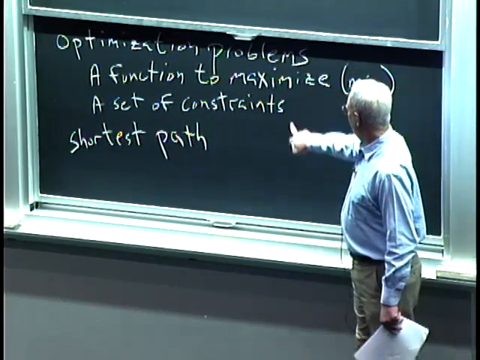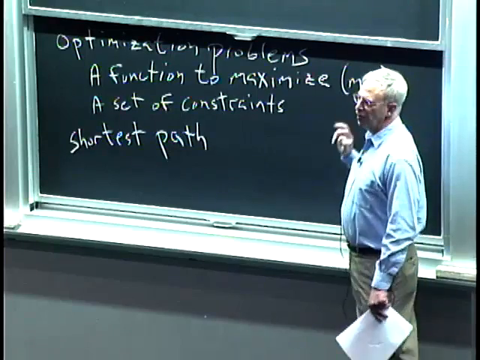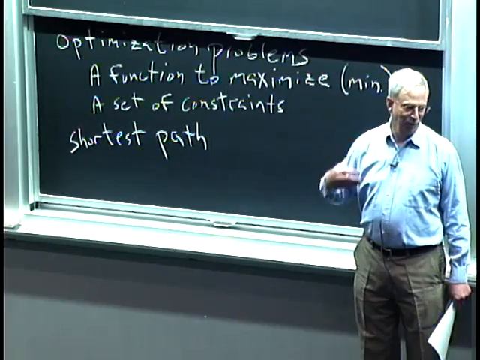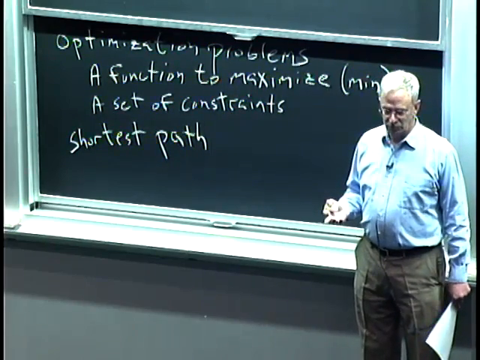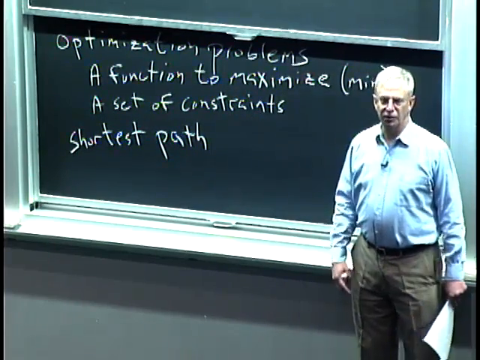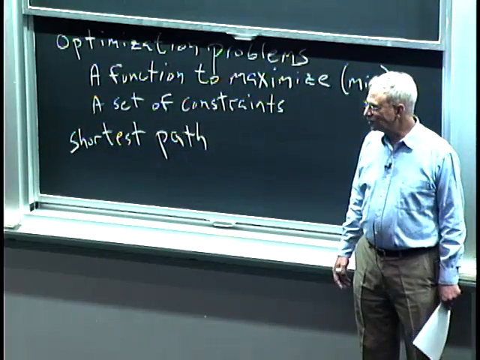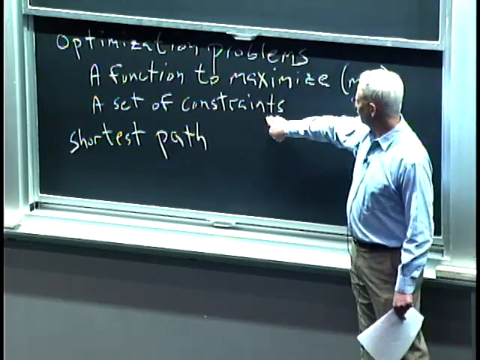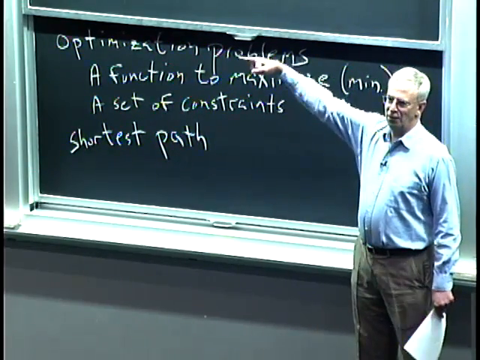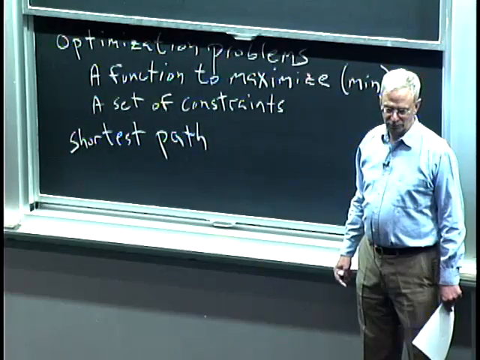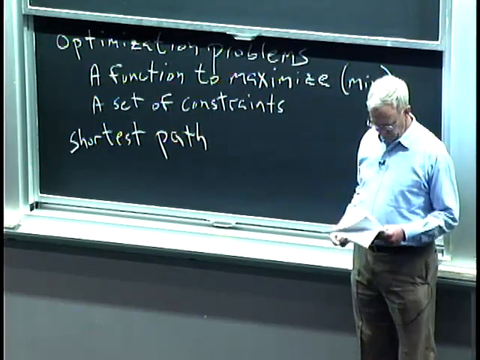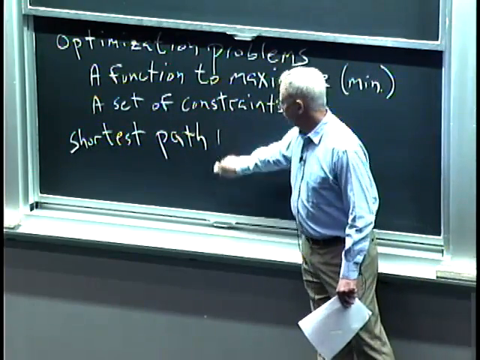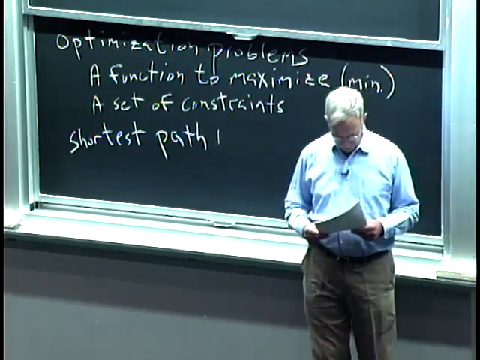You give it the function, probably in this case to minimize, and it gives you a choice of functions: minimize time, minimize distance. And maybe you give it a set of constraints. I don't want to drive on highways. And it tries to find the shortest way, subject to those constraints, to get from point A to point B. And there are many, many other instances of this kind of thing. And tomorrow's recitation will spend quite a bit of time on shortest path problems.